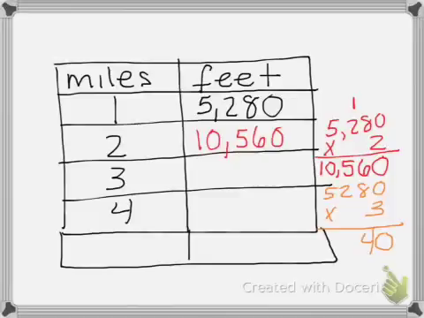So 4 tens, 2 hundreds. 3 times 2 is 6, plus 2 is 8. Then 3 times 5,000 is 15,000. 15,840.